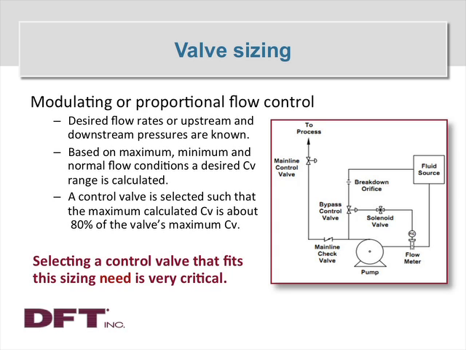But if you think 20% is a min to 80% is a max and try and size your control valves within that 20 to 80 band of the maximum CV, it's generally a pretty safe guideline to work with. So again, selecting a control valve that fits this sizing need is always very critical, and you're looking for a valve that has a CV that's greater than what you're looking for.